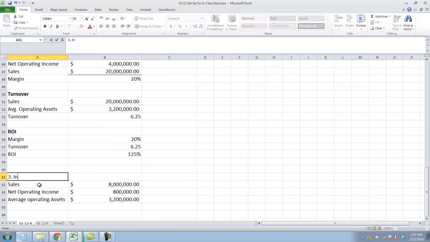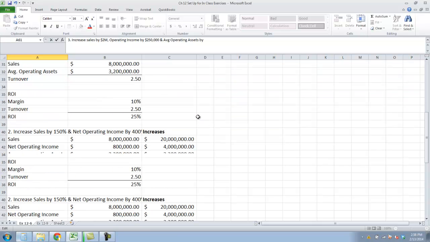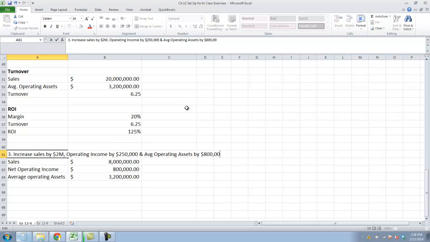Number 3. Increase sales by 2 million. Operating income by 250,000 and average operating assets by, I believe it's 800,000.